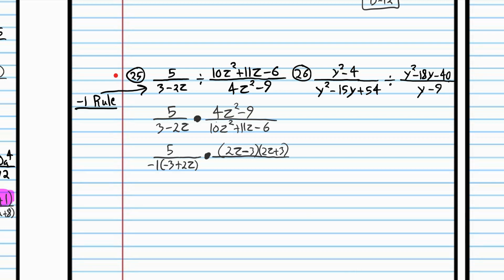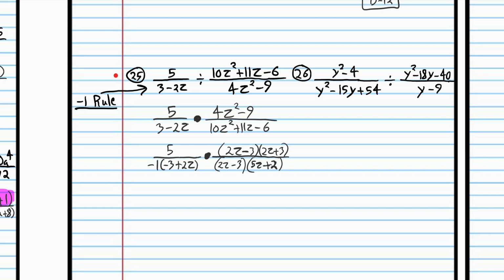And on the bottom, it's complicated. The quadratic is complicated because we have a coefficient on the squared term. So we're definitely going to have to check with FOIL. So I'm going to try 2z and 5z. I have no idea if this is going to work, but we'll try it. And then for 6, we'll try -3 and +2. Again, no idea if this is going to work, but we just have to try.